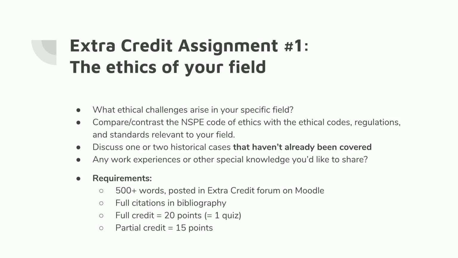All of these different disciplines have slightly different ethical concerns, or maybe a different focus of ethical concern. All of them are concerned, first and foremost, with the safety, health, and welfare of the public, but maybe different ethical challenges arise in these different engineering fields.